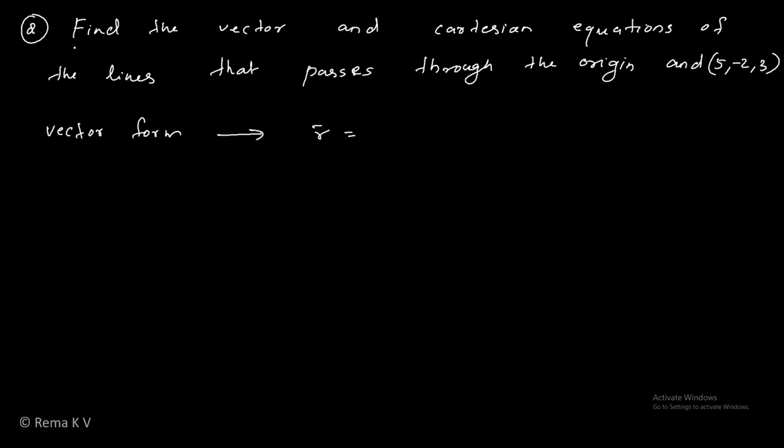Give your answer. First one, vector form. It passes through the origin, so one point is the origin and the second point is (5, minus 2, 3). Okay, the first part is 0 since it is the origin, then plus lambda into (5i minus 2j plus 3k).